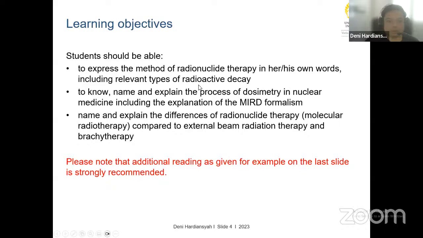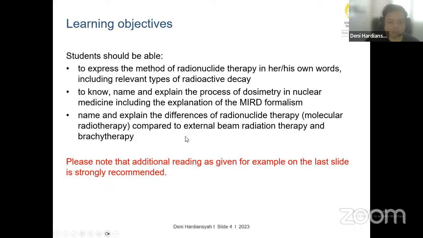Then name and explain the process of dosimetry in nuclear medicine, including the explanation of the MIRD formalism. And last but not least, name and explain the differences of radionuclide therapy or molecular radiotherapy compared to external beam radiotherapy and brachytherapy.